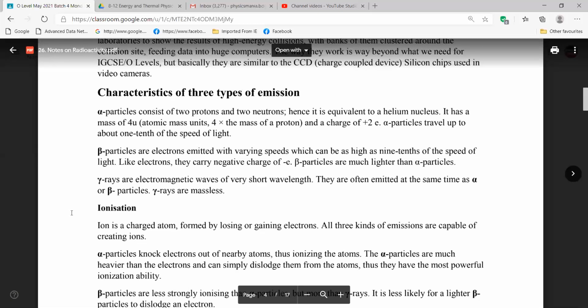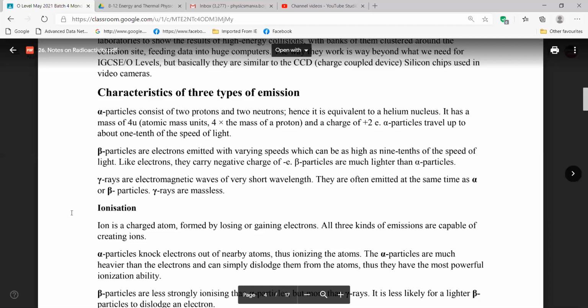Characteristics of types of emission. An alpha particle consists of two protons and two neutrons. It is equivalent to a helium nucleus.